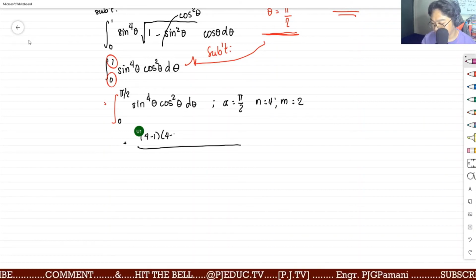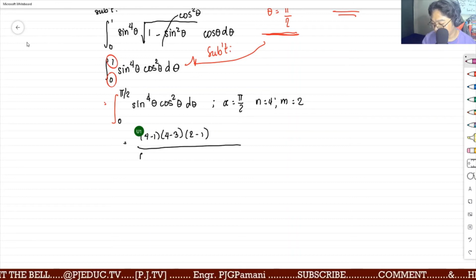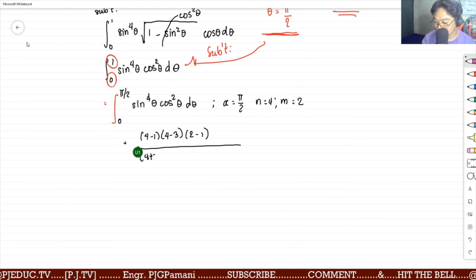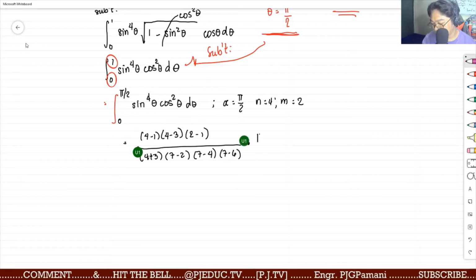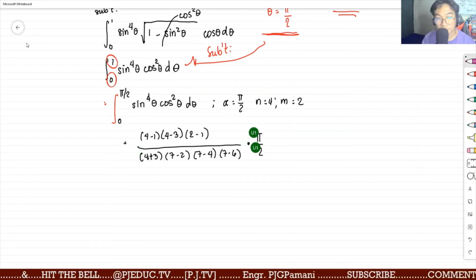4 minus 1 times 4 minus 3, then 2 minus 1, all over 4 plus 2... Mali. That is 6. 6 times 6 minus 2 times 6 minus 4, multiplied by pi over 2.